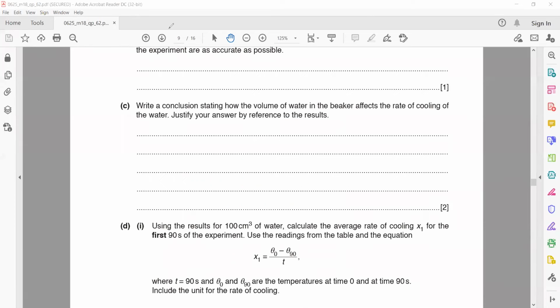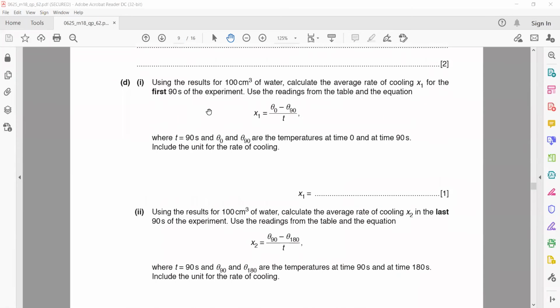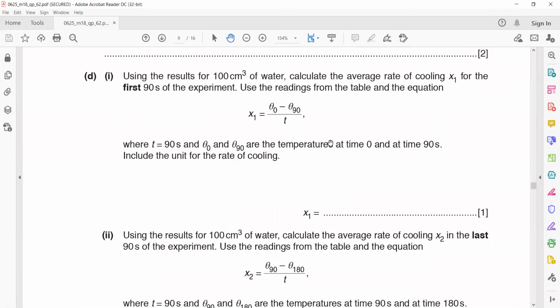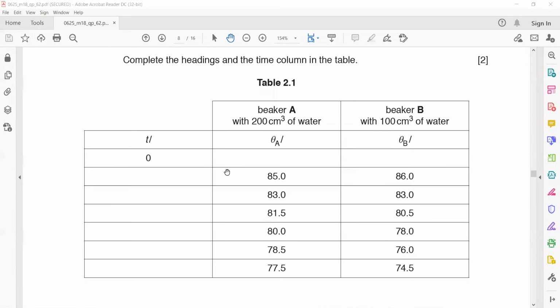The next part: using the results of 100 cm cube of water, calculate the average rate of cooling for the first 90 seconds. For the first 90 seconds, theta not means the temperature at the beginning of the experiment, and theta 90 means the temperature after 90 seconds, and divide by the time interval, that's 90.